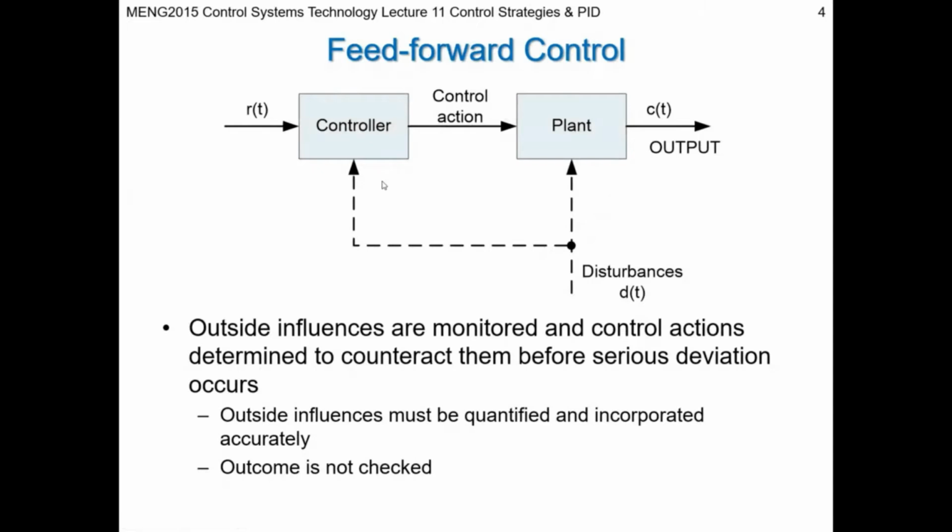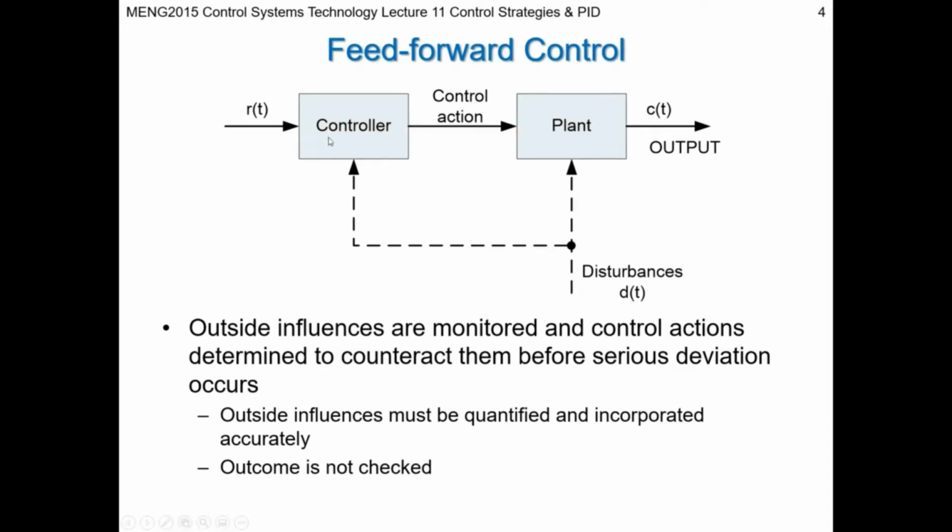Or you used an example in the in-course test of an air conditioning system. Say you have an air conditioning system cooling a room. If you were to have, for instance, an input that identifies when a door opens, that could be a disturbance. So you could automatically add more cold air, or adjust the control actions to increase the fan speed of the air conditioning unit when a door opens, because then you're going to lose some cold air potentially, and the temperature of the room is going to go up.